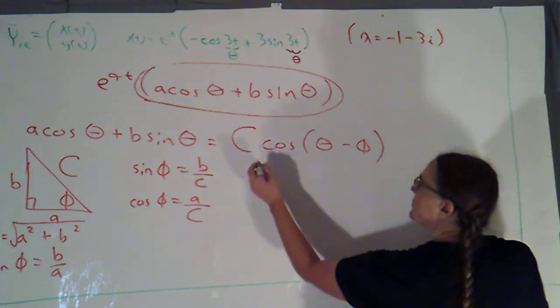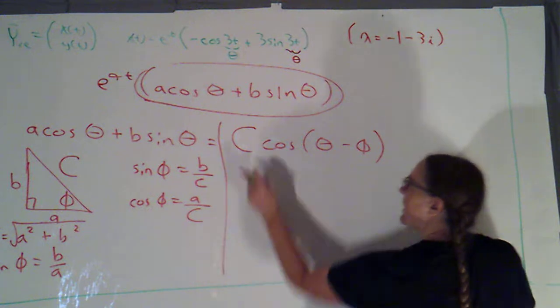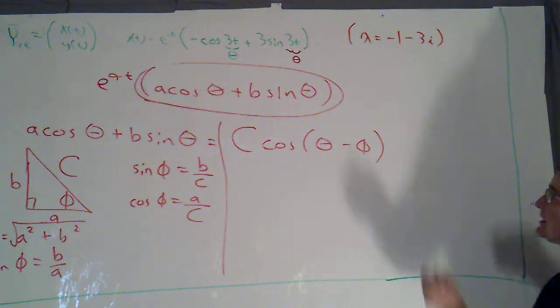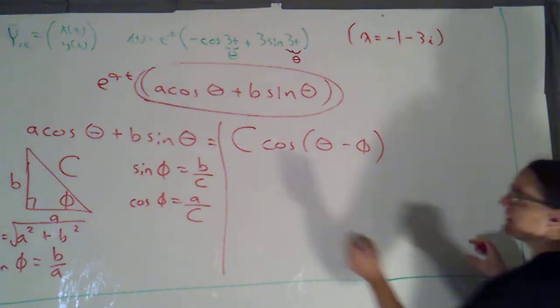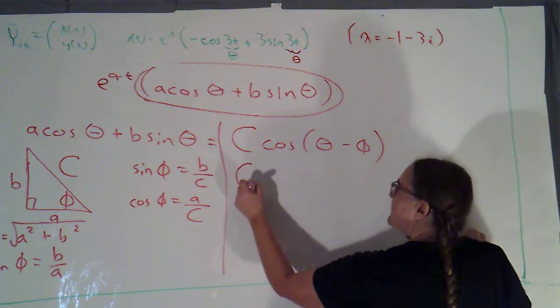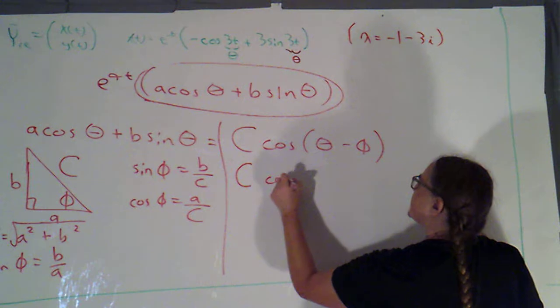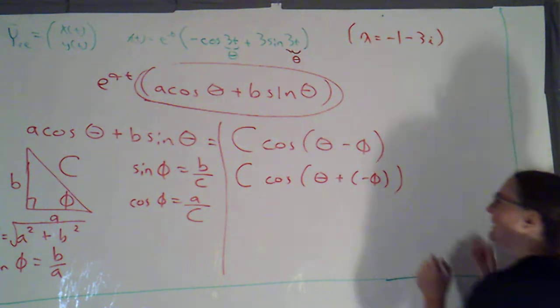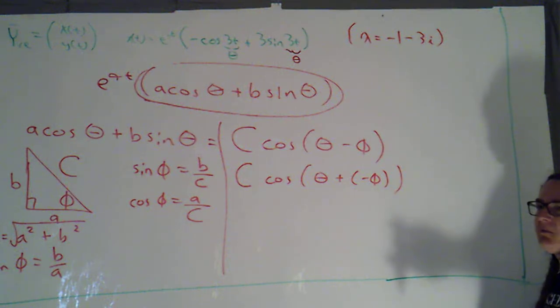What I'm going to do is simplify the right-hand side of this equation using the sum formula for cosine. So I'm going to say this is c times cosine of theta plus negative phi. That's just me not wanting to memorize two formulas.